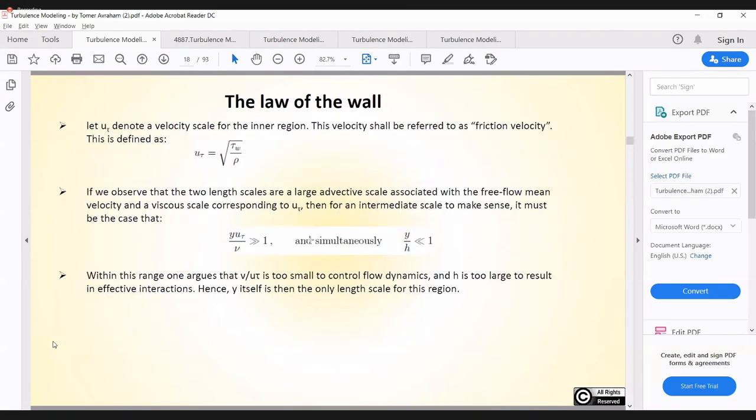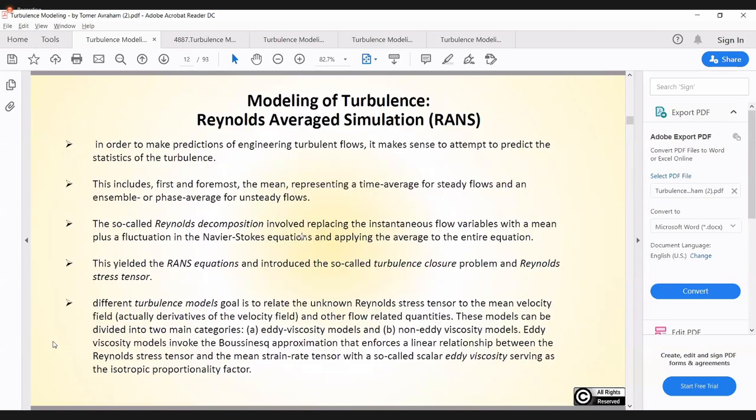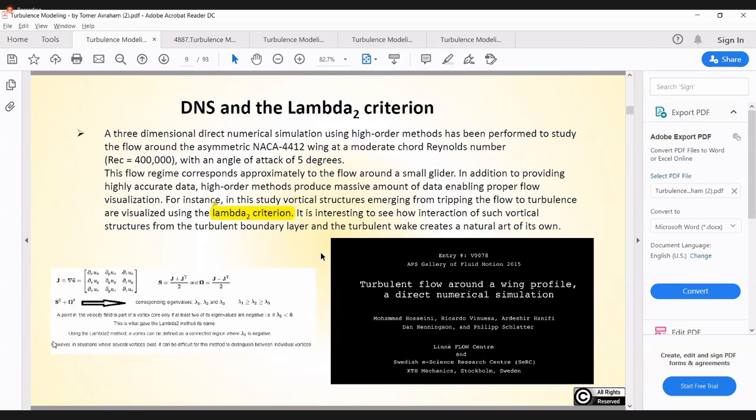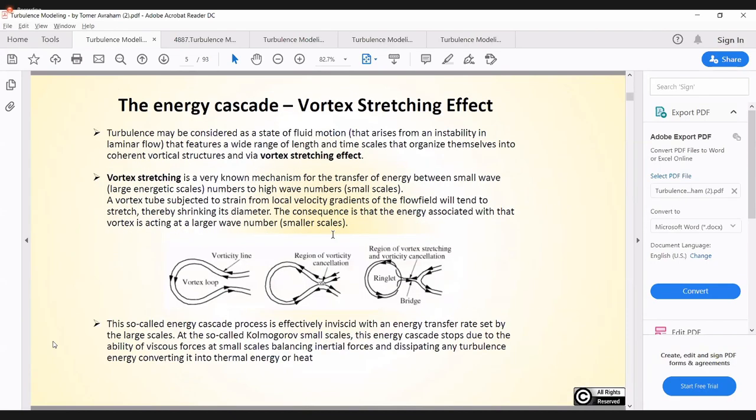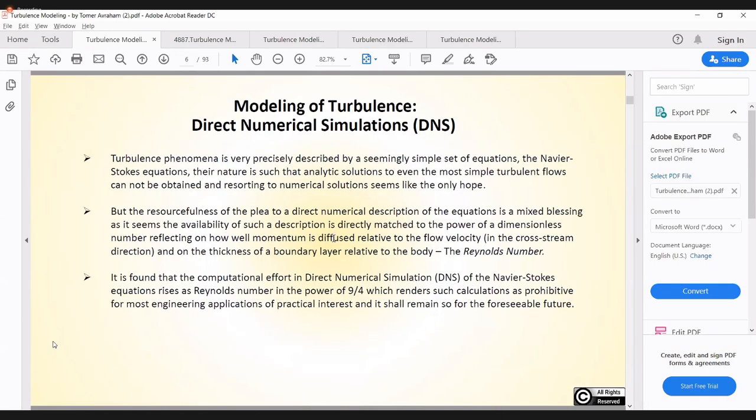first of all, let's have a good look at what we want to do and what we actually get. We want direct numerical simulations, but we are dependent on the Reynolds number.